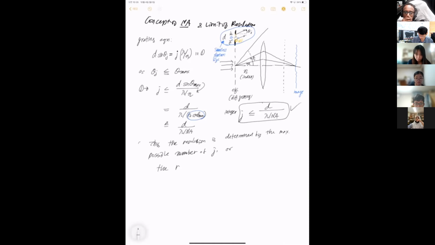I mean, this one, the ratio of D. I say D is the minimum feature size of an object, right? And the ratio of D and lambda over NA, where we define NA as n times sine theta max.